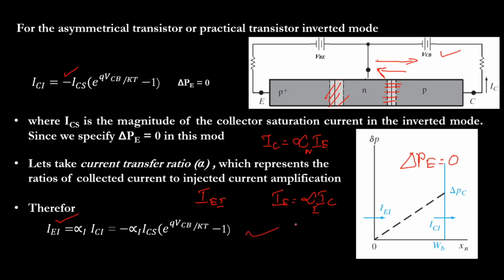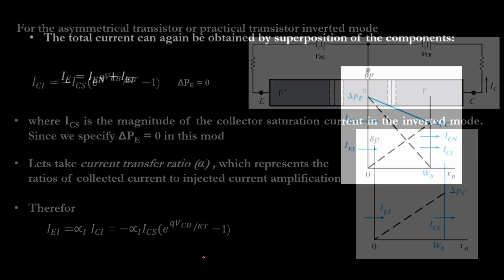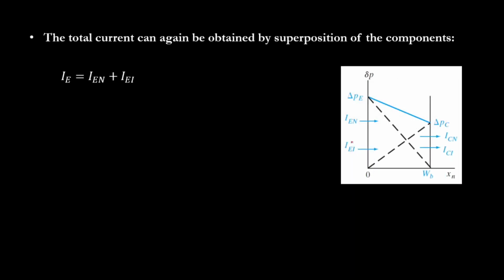So now I have expressions for the emitter current in normal mode, collector current in normal mode, emitter current in inverted mode, and collector current in inverted mode. Then how do I find out? If I apply superposition to these currents, my IE is equal to IEN plus IEI, and my IC is equal to ICN plus ICI. So I added these two expressions.